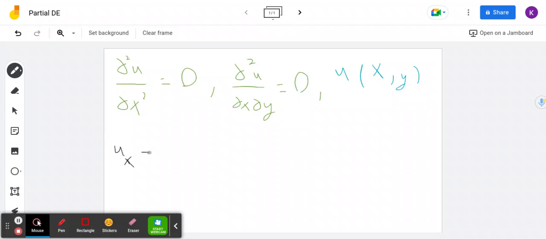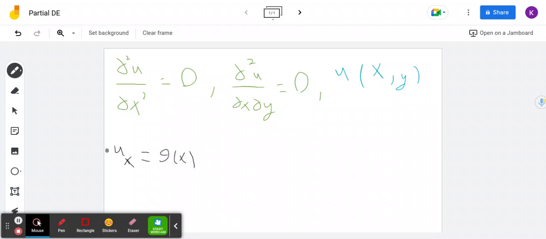And since this is 0, integrating 0, we get this c. But since we are working with a multivariable function, and we're working in terms of x, this c just becomes a function of x, so I can call it g of x. It makes sense because if we take the derivative with respect to y of g of x, it becomes 0. So it doesn't differ from a constant.